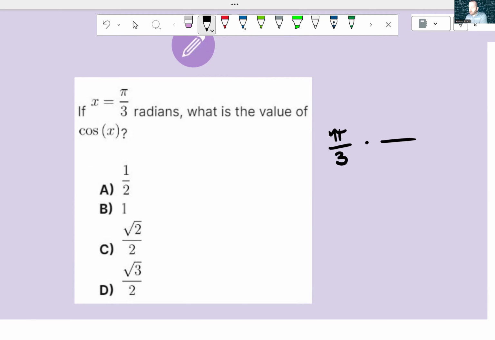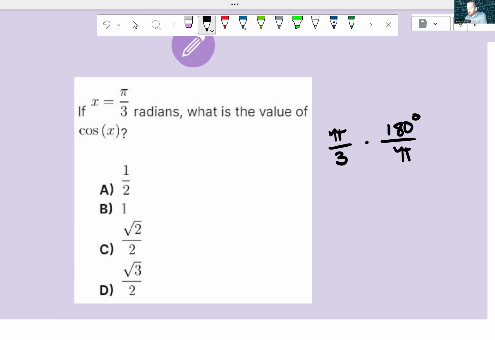So it's going to be 180 degrees over pi radians. So 180 over pi equals 1. So we can multiply pi over 3 times 1 and still get the same answer.